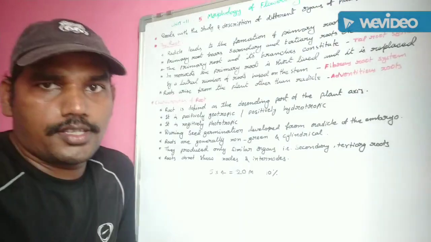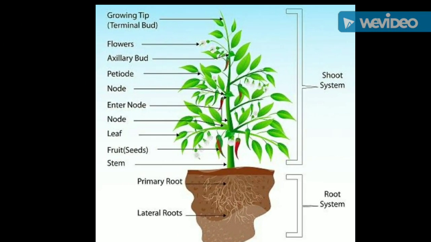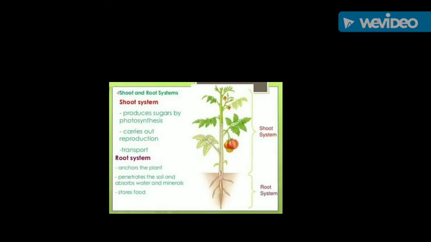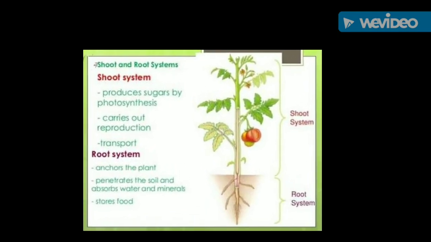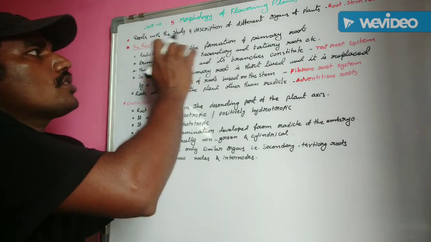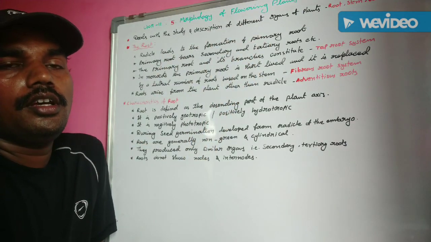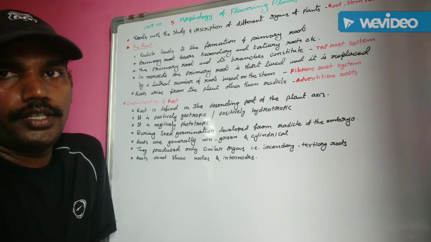What is morphology? It means to deal with the study and description of different organs of plants is known as morphology.